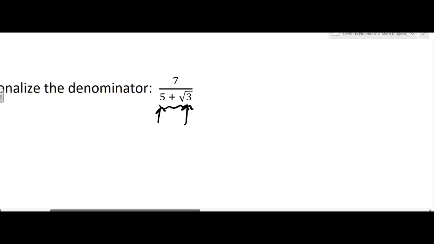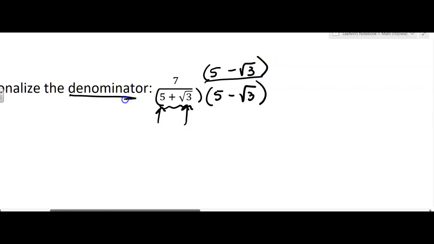So it's 5 plus the square root of 3. So we're going to multiply by 5 minus the square root of 3. Now, whatever we multiply by in the denominator, we have to multiply in the numerator. So remember, we're trying to rationalize the denominator. Look down for the denominator, okay? Otherwise, you're going to run into trouble.